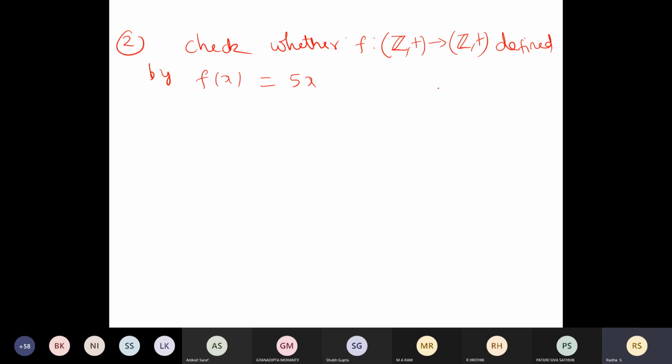So they have defined the mapping as every x will go to 5x: 1 will go to 5, 2 will go to 10. That way it is mapped. We have to prove whether it is a group homomorphism or not.